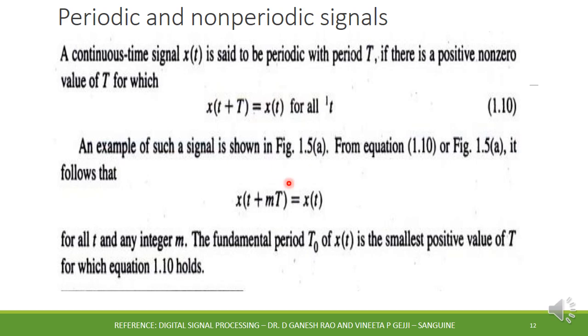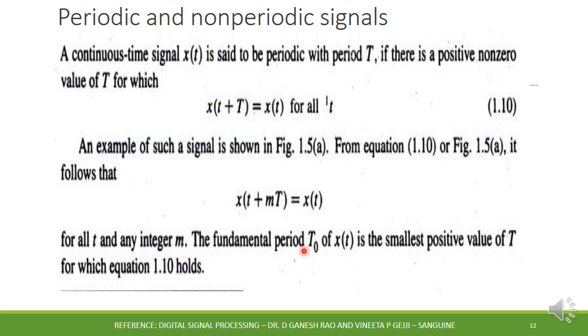For example, you see here, and after seeing the figure, it is clear. So here, in equation 1.10, we are going to get x of t plus mT is equal to x of t, where we take the m value for all t and any integer m.